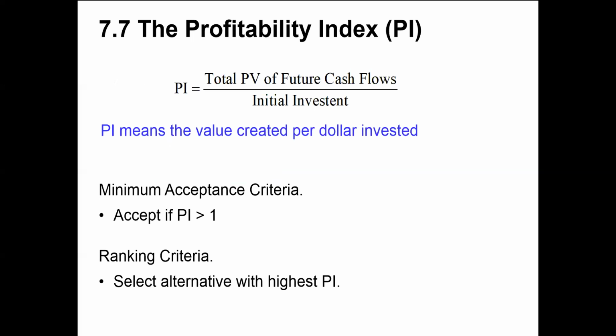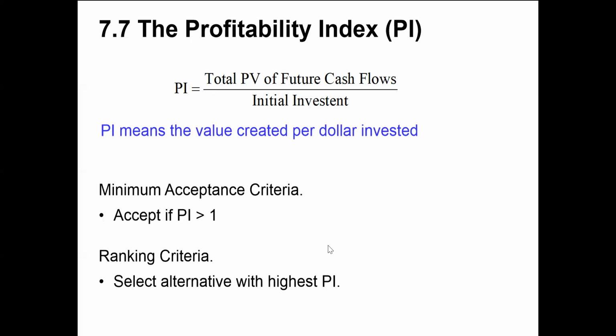All right. And then we can discuss the profitability index. This index is actually very similar to the NPV. It is the ratio of the total present value of future cash flows to the initial investment. So if the PI is higher than 1, we can accept the project, and if less than 1, we reject the project, right?